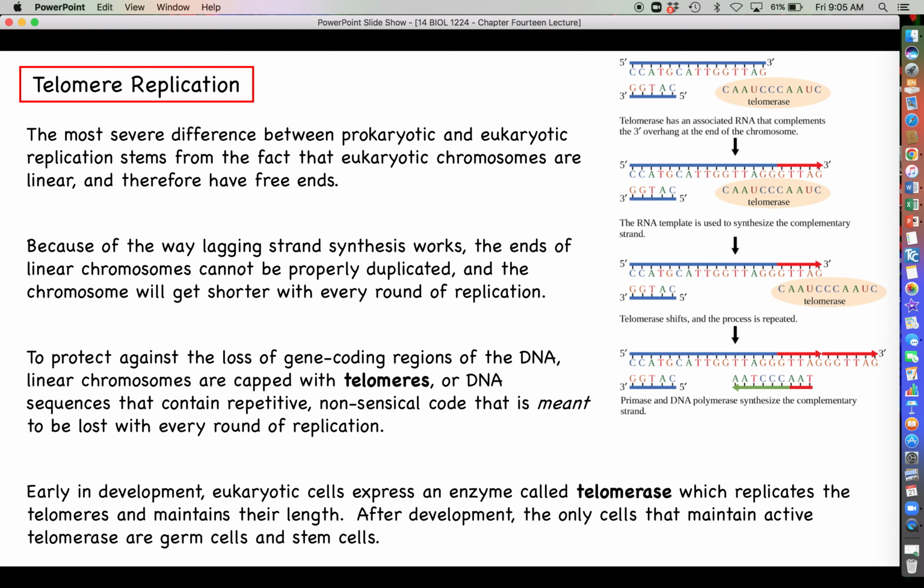But part of the problem is that this enzyme is only active in stem cells, germ cells, and actively developing cells. Meaning that once we are born and once we grow up and reach adulthood, the vast majority of cells in our body actually do not have telomerase anymore. So every time cells in our body replicate, the telomeres get shorter and shorter and shorter.